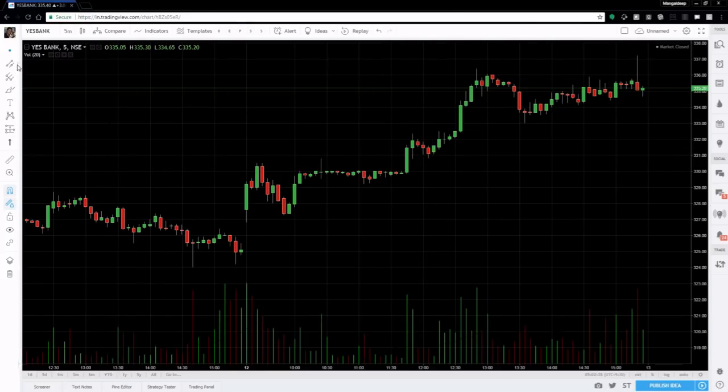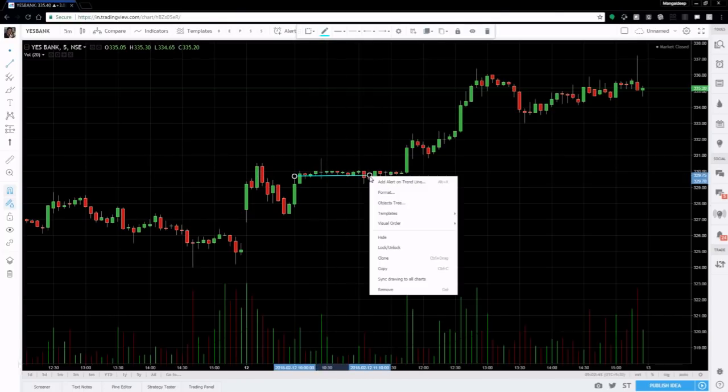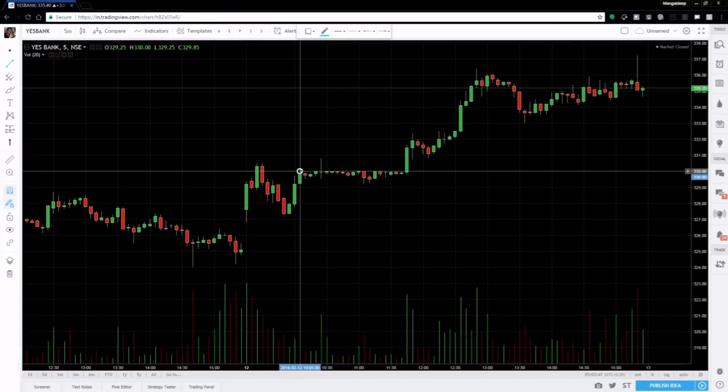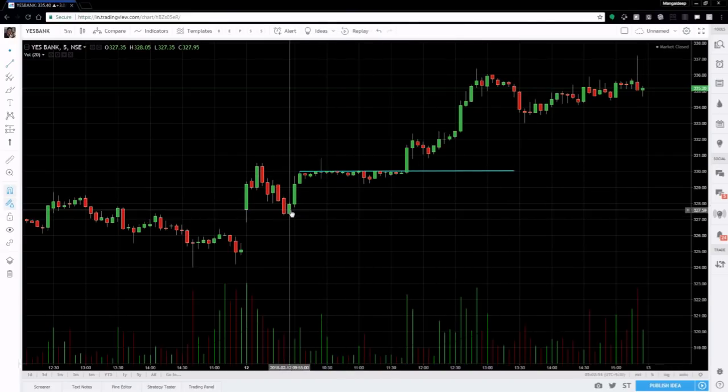Okay, so let me draw a trend line here. Right from here I draw a trend line that resembles the top of the candlesticks.